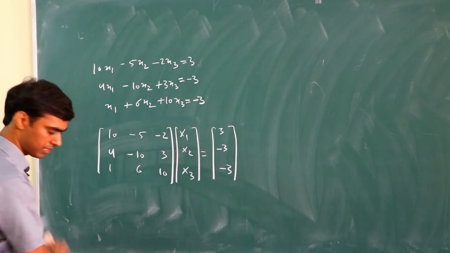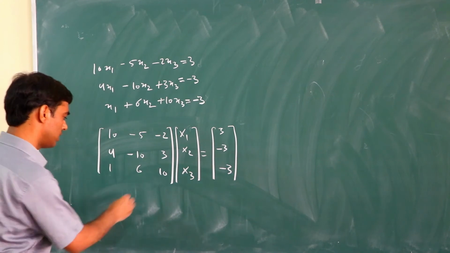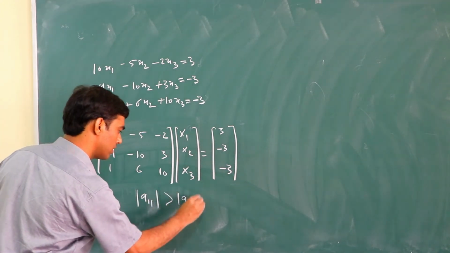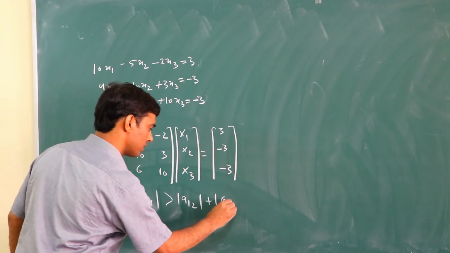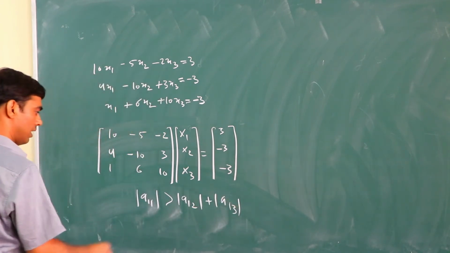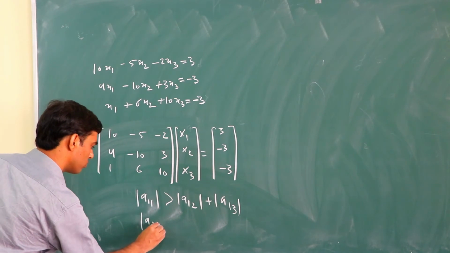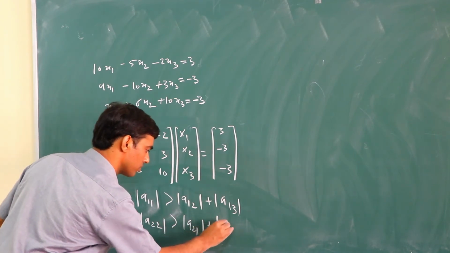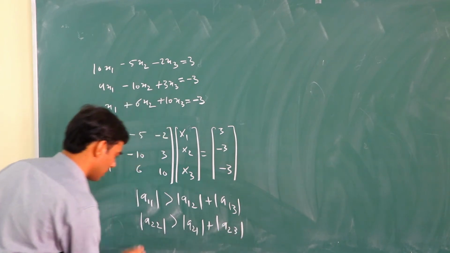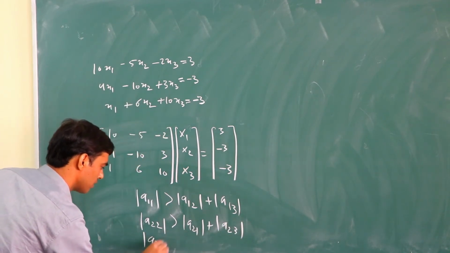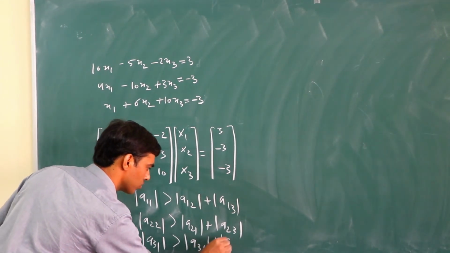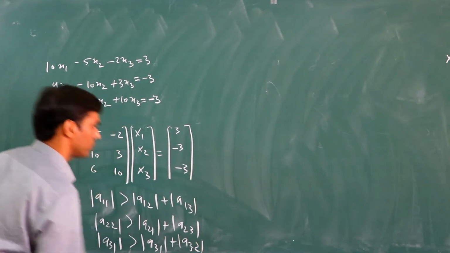So we check this. If we write the general term, the mod of A11 must be greater than the mod of A12 plus the mod of A13, the mod of A22 must be greater than the mod of A21 plus the mod of A23, and the mod of A33 must be greater than the mod of A31 plus the mod of A32.